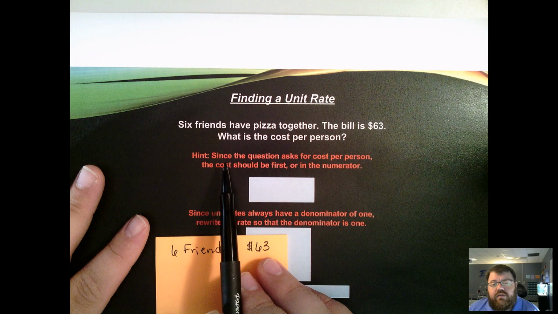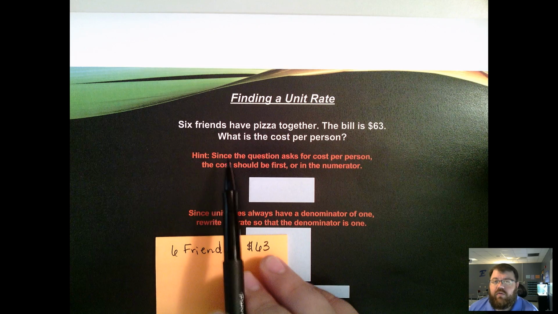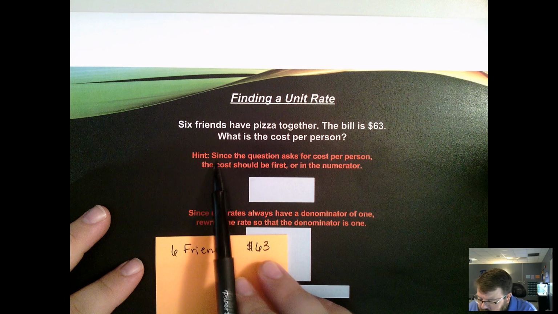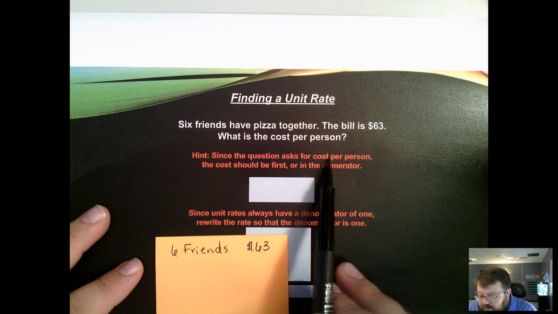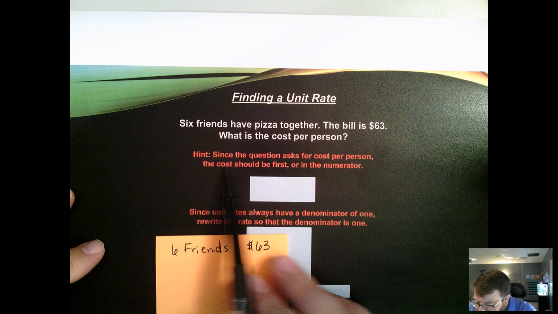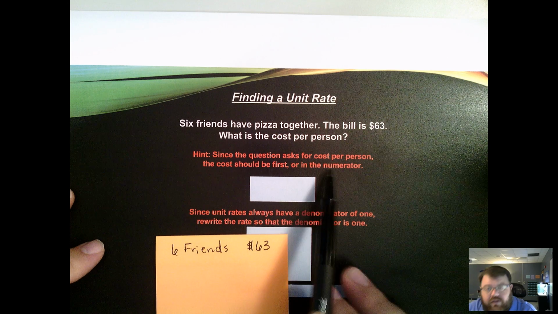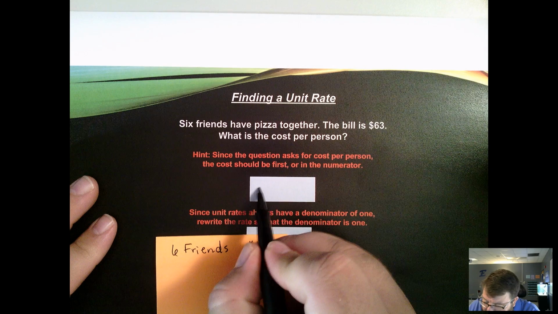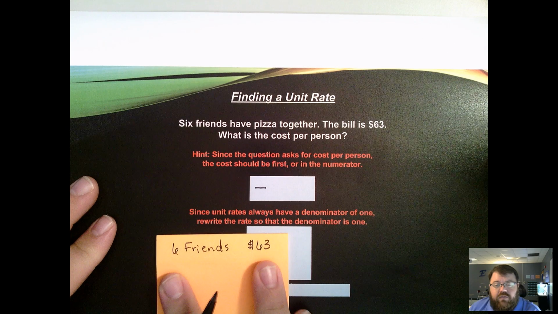Now, as I go through these with you, this is the same process you need to take to answer these questions in just a minute. Since the question asked the cost per person, 1 person, remember, the cost should be first or in the numerator. So the way we set this up is we had 2 numbers.